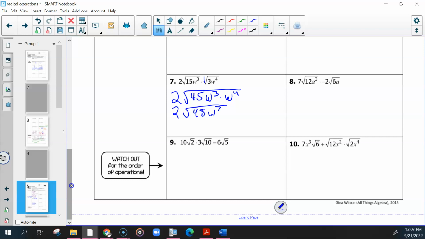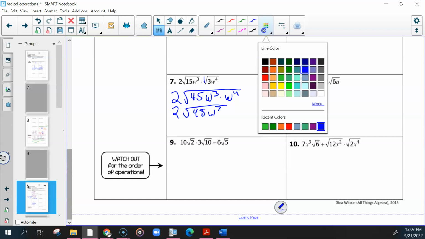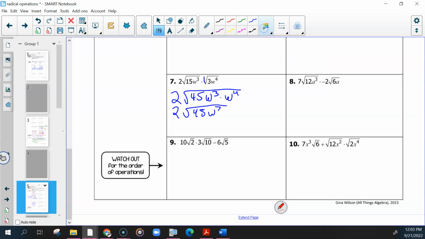Yes. Perfect square or factor tree? Perfect square. What is the highest perfect square we can divide 45 by?